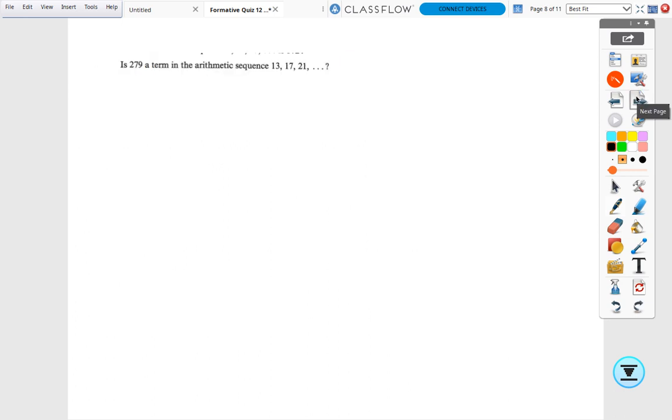Okay, so we're going to identify is it an AP or a GP, and then find out is that number a term in the sequence. So pause, and when you're ready, come back. Okay, it's going up by 4s, so it's an arithmetic progression. So Tn equals 4n, and then I've got to add 9 to get to 13, so that's the general term.